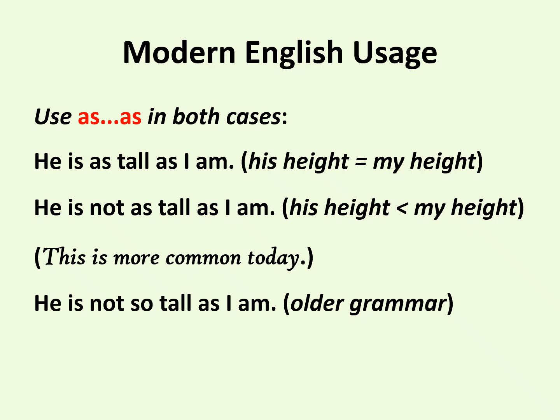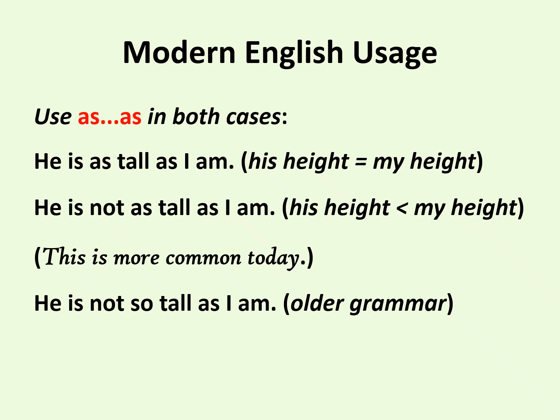As tall as, not as tall as, as big as, not as big as. We are not saying not so big as. In both the cases, we are using as tall as, as rich as, and also not as tall as, not as rich as. There is no need to use the word so.